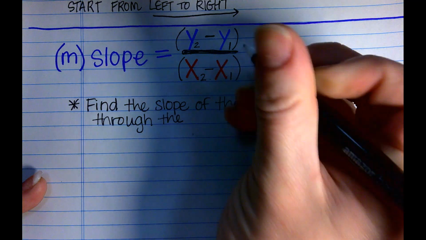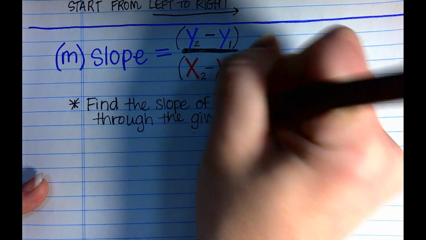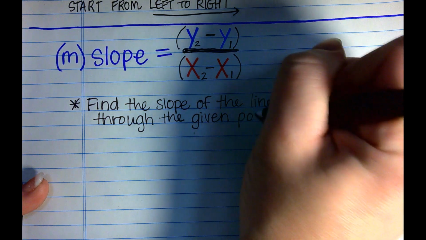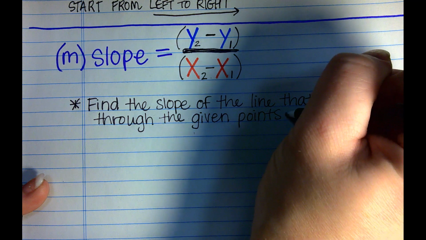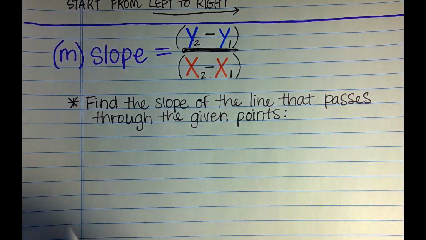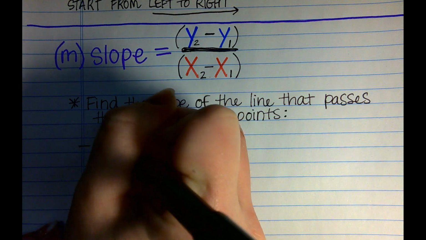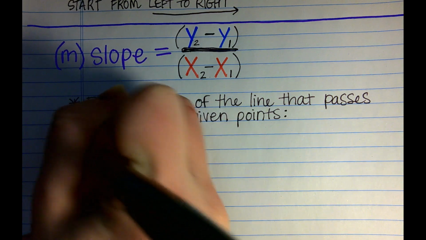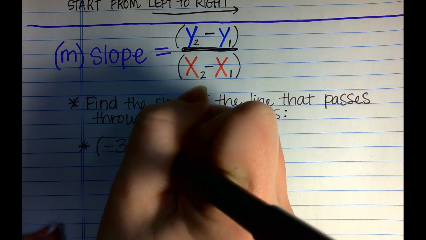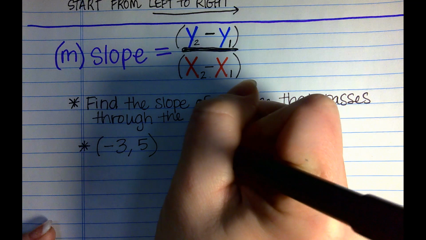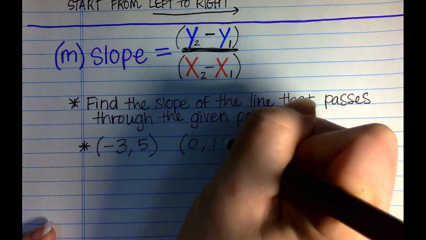This is how this question will be worded. So, for example, we'll have -3, 5, and 0, 1.